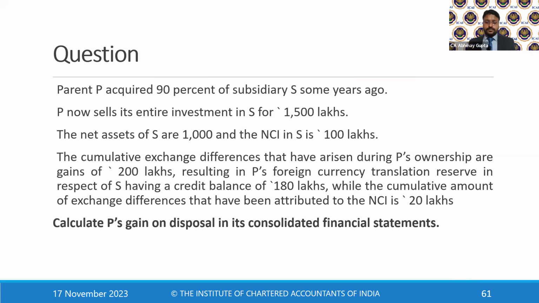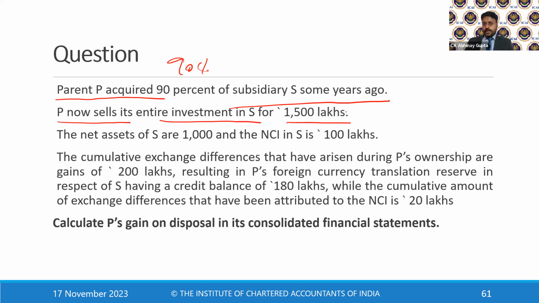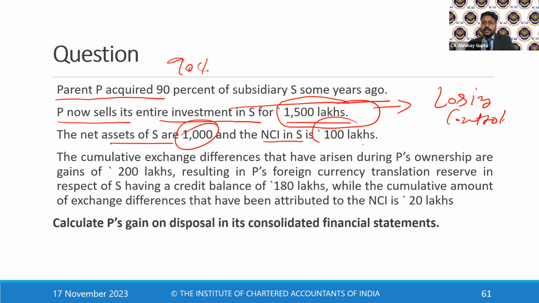Let's do a quick question. Parent P acquired 90% of the subsidiary some years ago. Now P sells its entire investment in S for rupees 1500 lakhs. So the entire stake has been sold, so we are losing control, right? The net assets of S are 1000 lakhs and NCI in S is 100 lakhs.